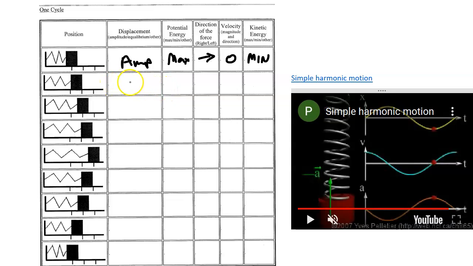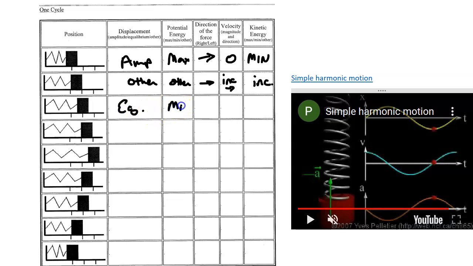Now here it's in between, so we're going to put other. The direction of the force is still going this way, but the velocity is increasing to the right. And so kinetic energy, therefore, is also going to be increasing until we reach the equilibrium position.